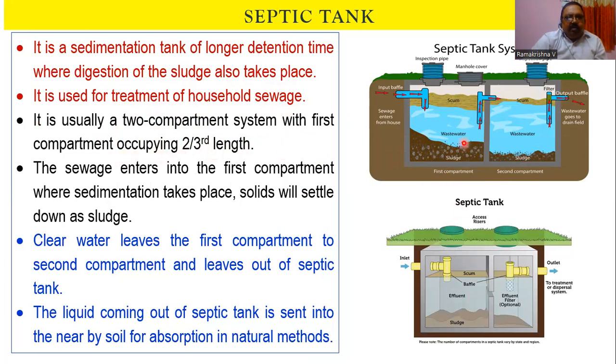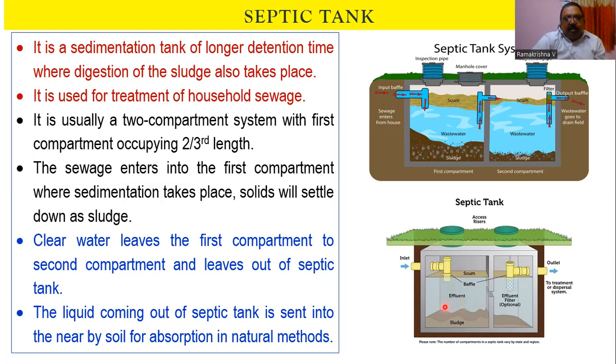Now you can see two different pictures are there. In the bottom picture, you can clearly see there are two different compartments. The wastewater or sewage is entering through a T-pipe, well below the top of the liquid level, so that water will enter here. And then what will happen?